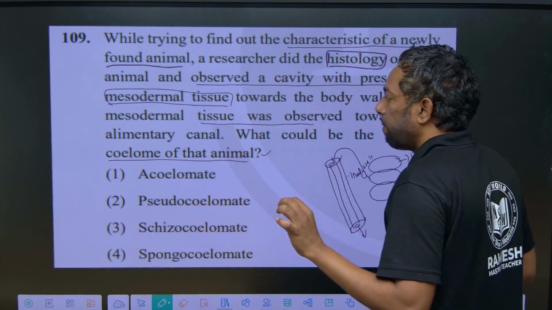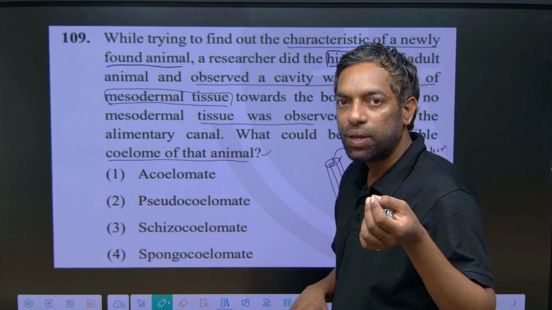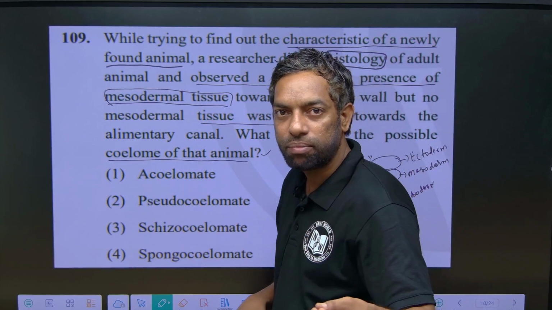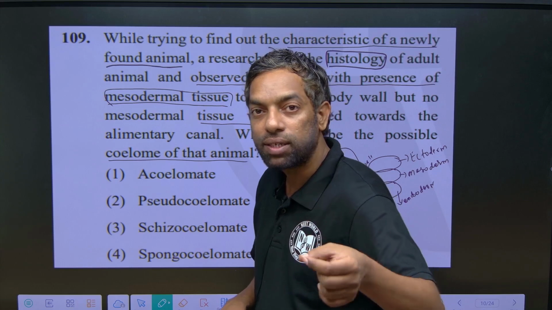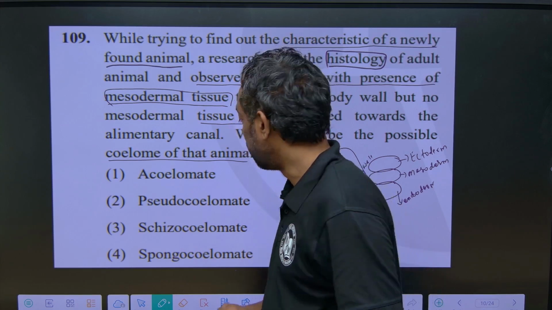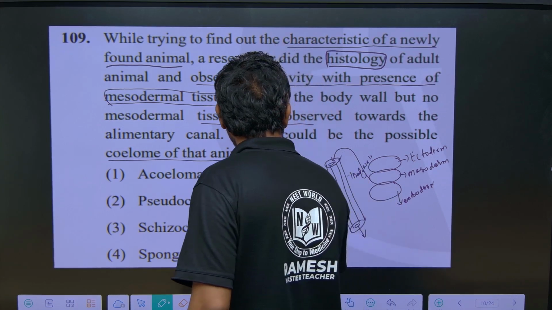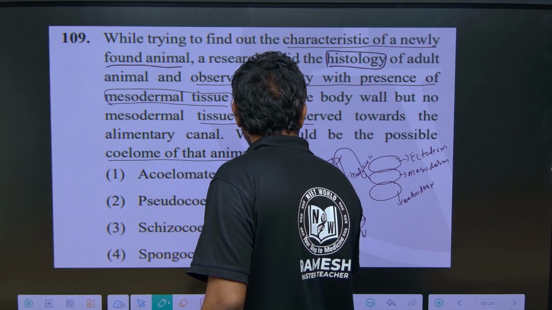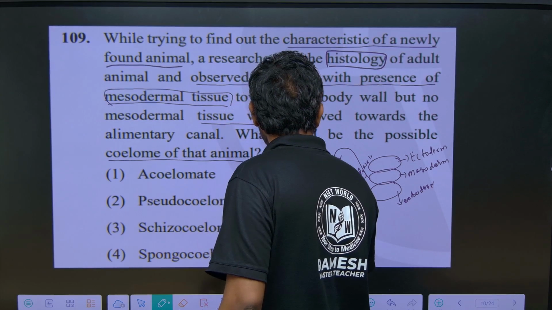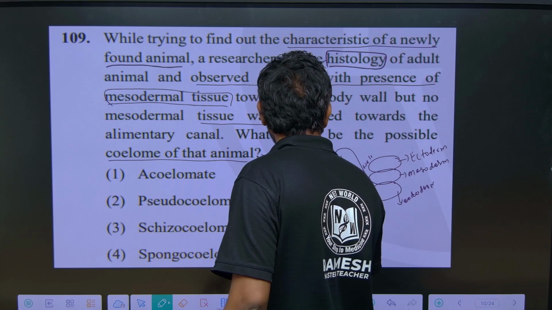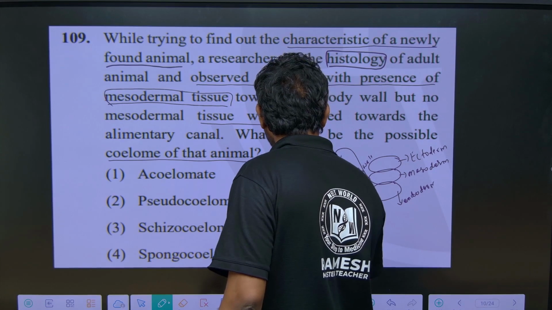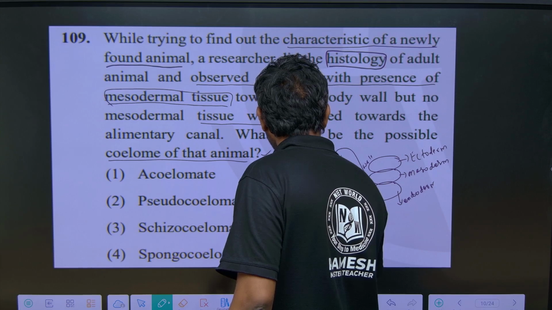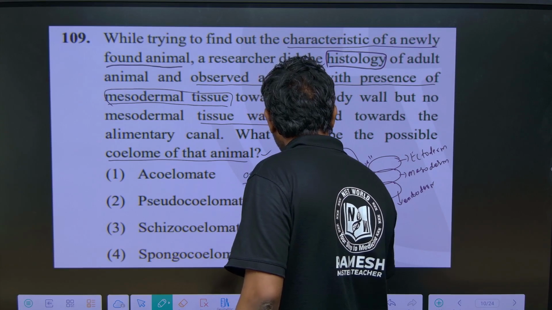So here you have to observe that any organs or organ systems developed from the mesoderm are called coelomates.